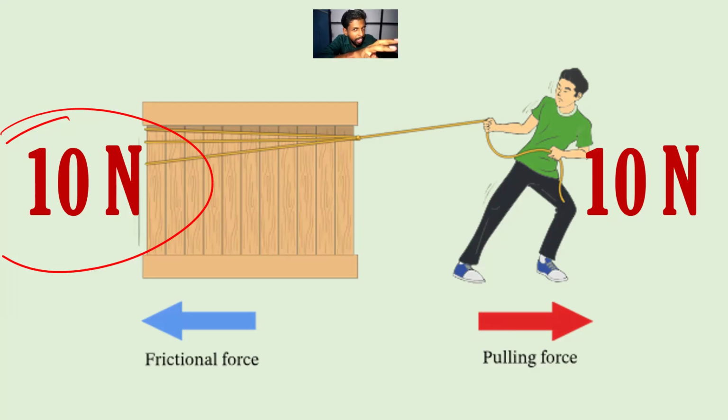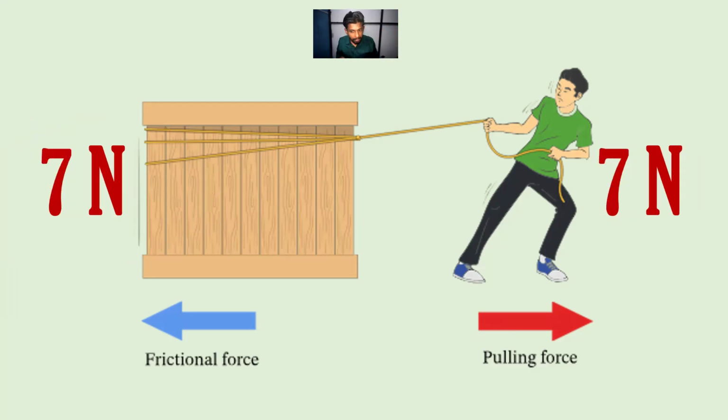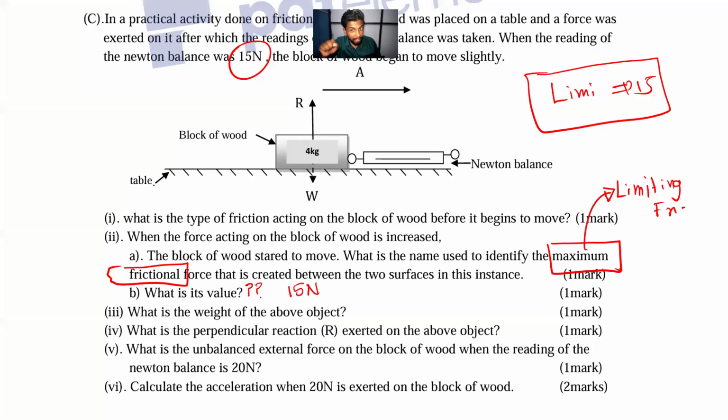At this time only the object will start to move. Same like that, in this question, 10 Newton was the limiting in the example. In this question, they have clearly mentioned when I am applying 15 Newton, the object begins to move. Here, read the question here.